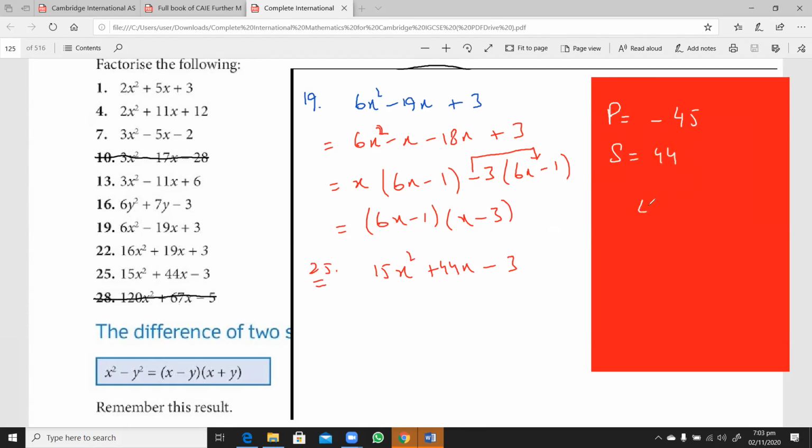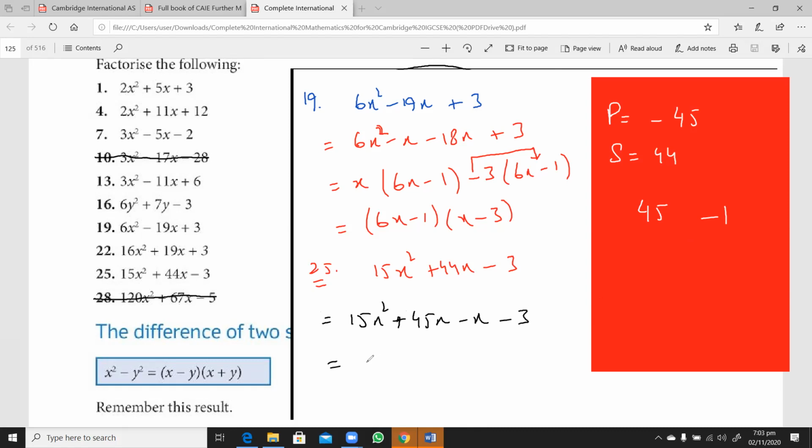So clearly this is 45 times 1. So this is 45 times minus 1. So these are the two numbers whose sum is 44 and the product is minus 45. So you will be writing this as 15x squared plus 45x, okay, and then minus x, and then minus 3.